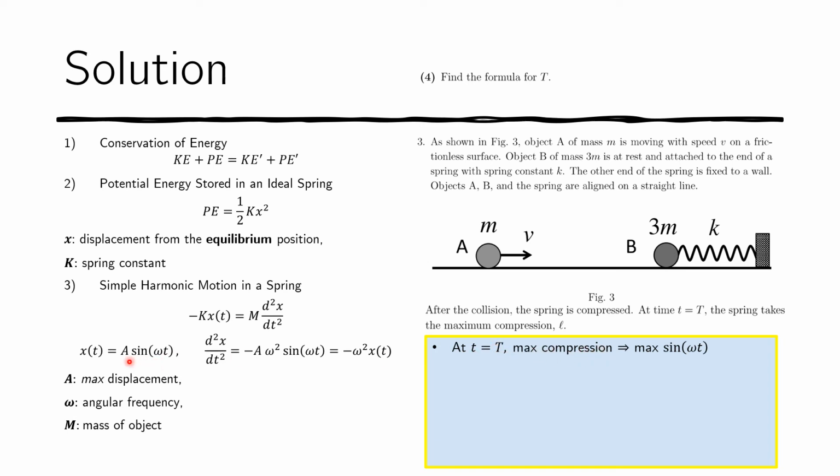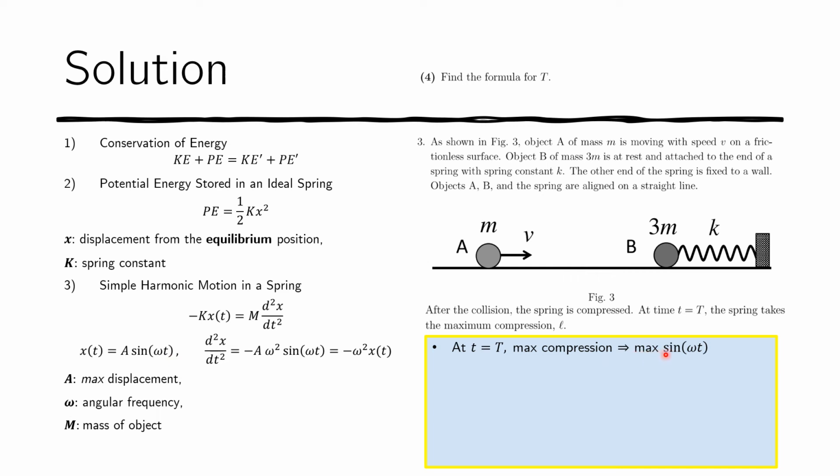And we know that because this is the relationship between the compression and the time, when this is maximum, sine is maximum. That's because A here is a constant. So we need to find T such that sine of omega t is maximum.